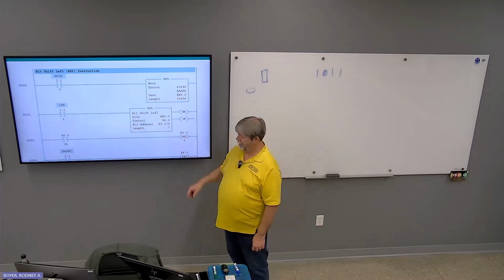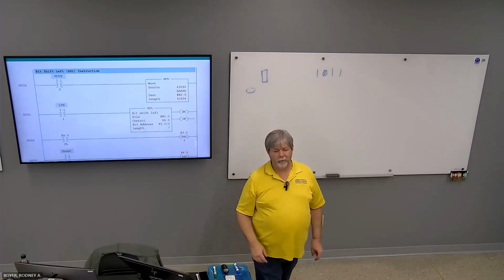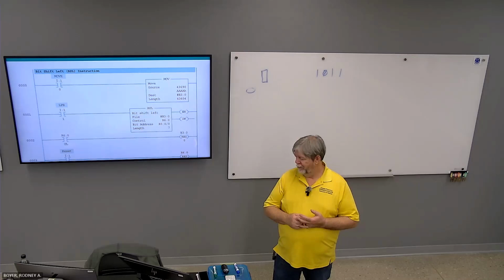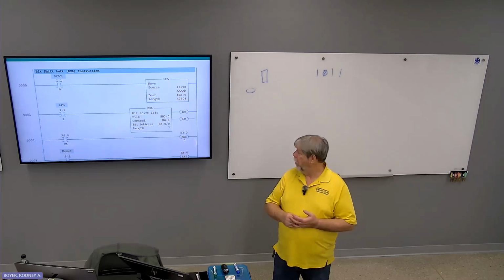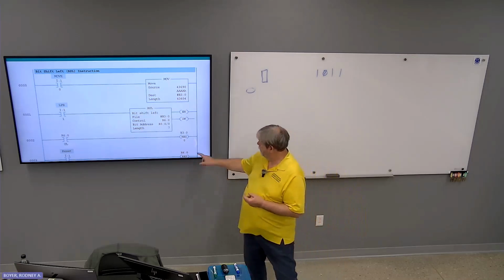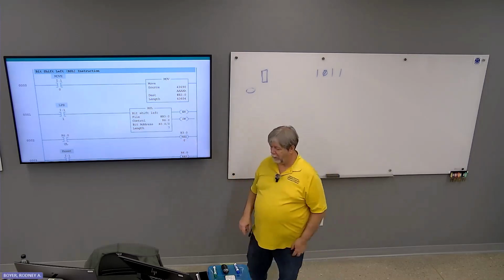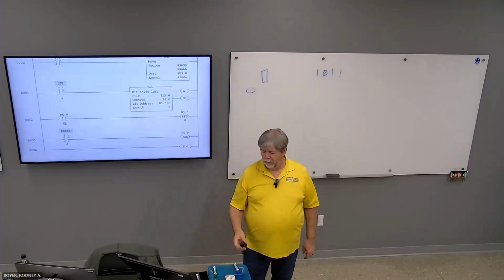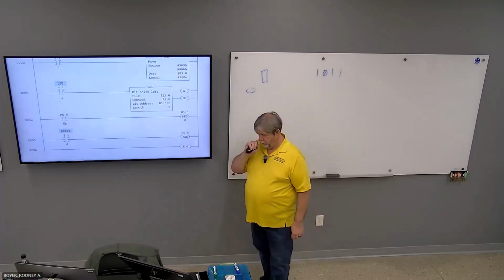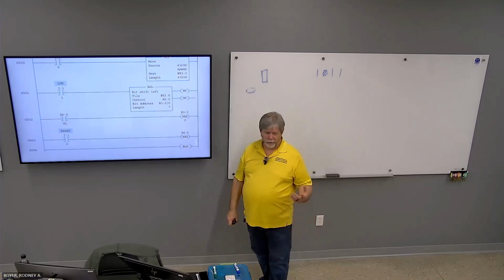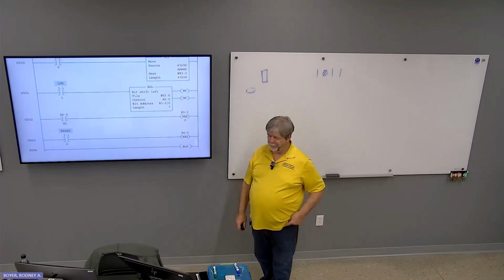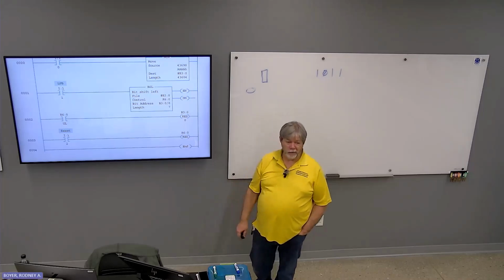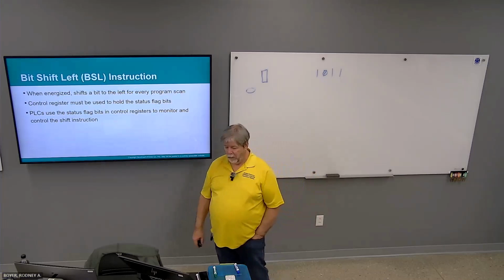Why they're using the reset there, I don't know, because that won't work. Well, no, that would work because they're looking at just the 0 bit. That'll work. And then get input 1, 2, resets the control register. Okay, when we get in the lab, this will make a whole lot more sense to you.